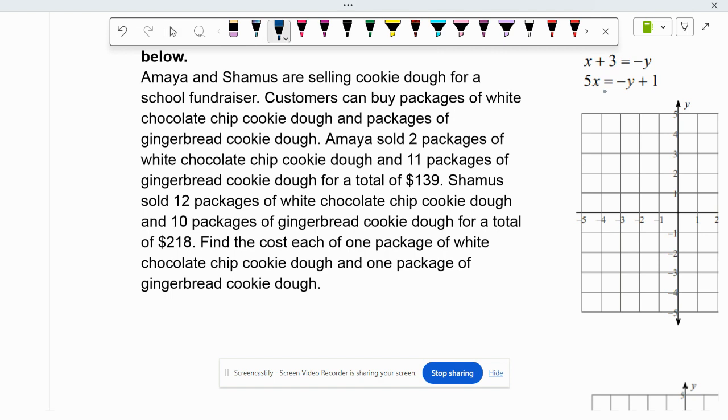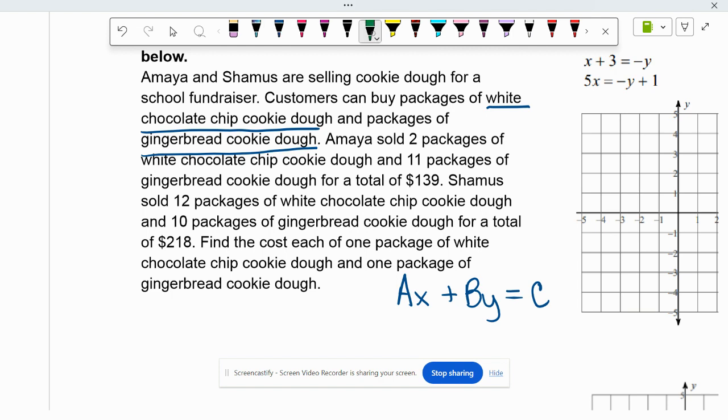Customers can buy packages of white chocolate chip cookie dough and packages of gingerbread cookie dough. So I have two types of cookie dough. When you have two variables, that means you're going to write your equation in this form.